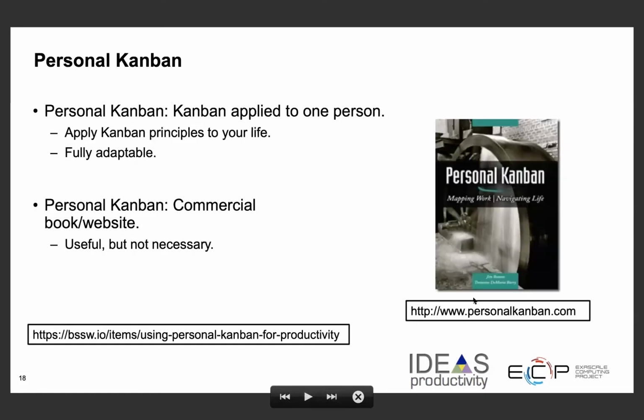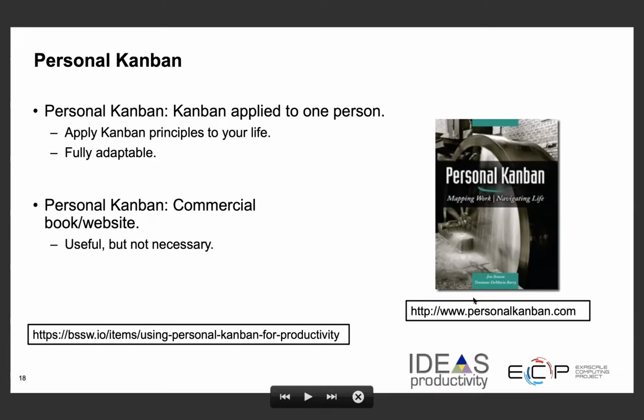Now, I put this slide out here to make sure that you understand that Kanban doesn't have to be just used in your work environment. We can use it and apply it to our personal life as well, in exactly the same way. In fact, I use Kanban principles to manage aspects of my personal life on a daily basis. There's a book referenced out here called Personal Kanban, which is a very good read.